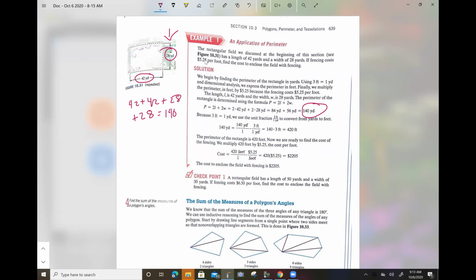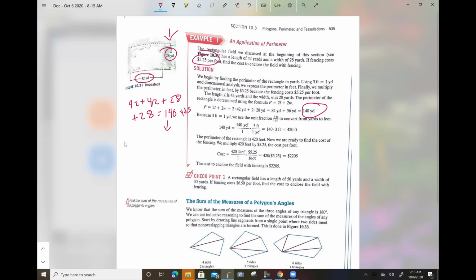Oh, I see. This is why we went through all of that changing of units from one to the other, because what it's giving us is yards, but the price is per foot. So what I know is I have 140 yards, right? But I know that the fence costs $5.25 per foot. So the first thing they're doing is changing the amount of yards I have to feet.